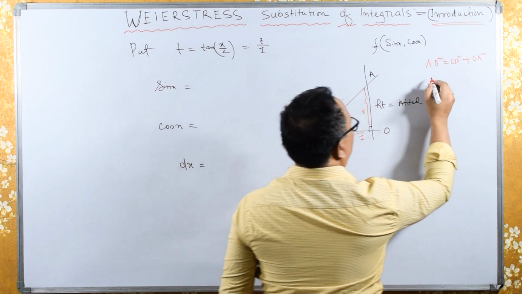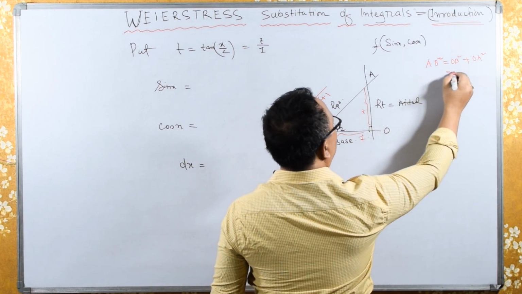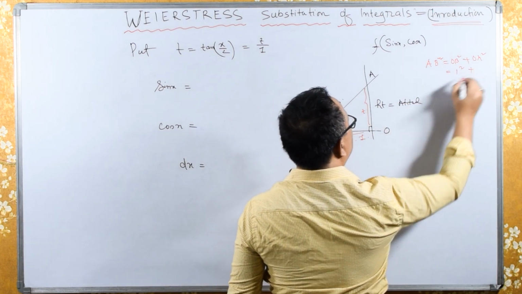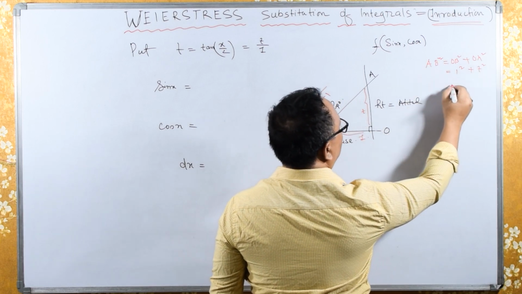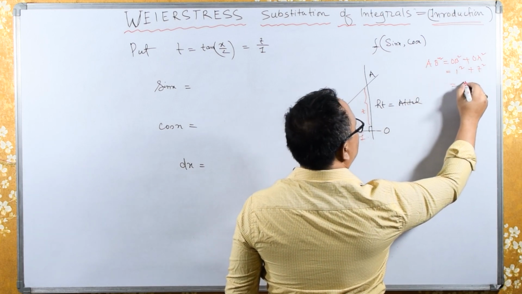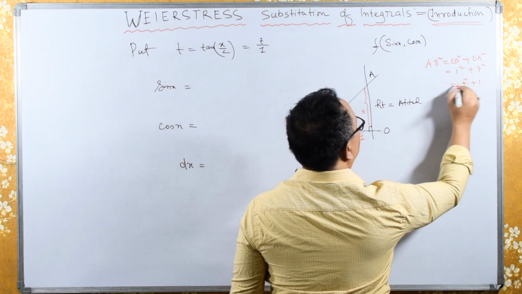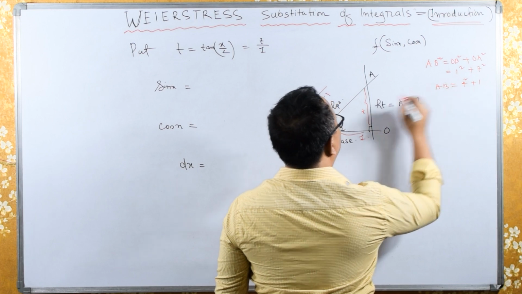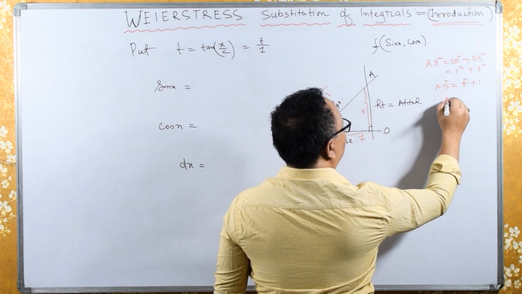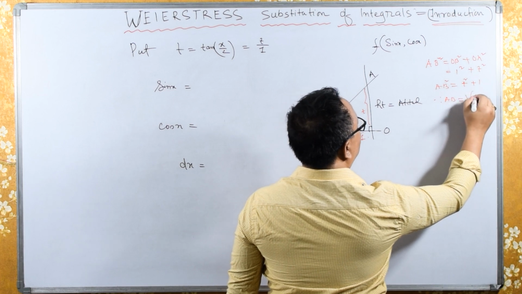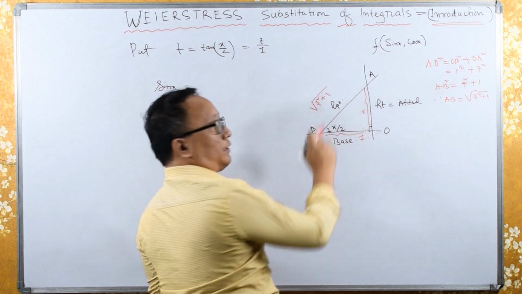What is OB? We have 1. 1 square is 1, plus t square. Therefore 1 plus t square is the same as t square plus 1. Therefore AB equals square root of t square plus 1.